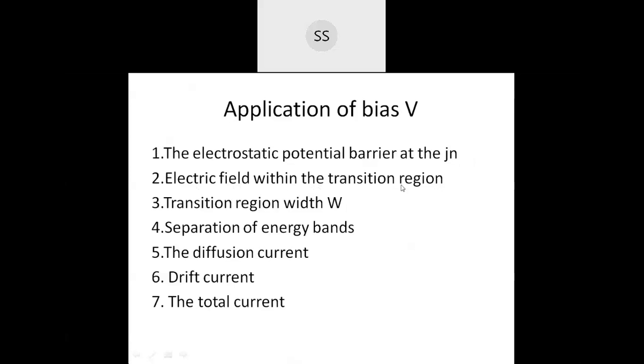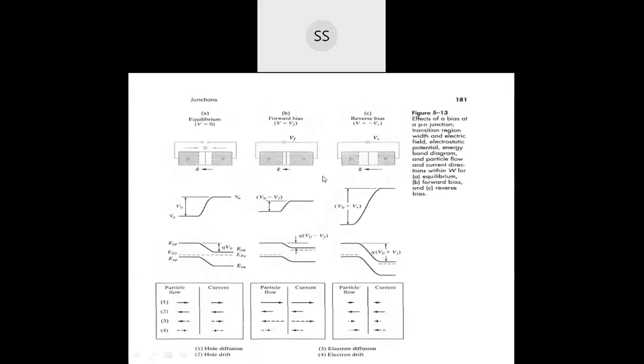Because of the application of VF and VR, what happens to the electric field within the transition region? Again we will refer to the same picture. The electric field in forward biasing is reduced. Under forward bias condition, this field decreases as the applied electric field opposes the built-in potential.